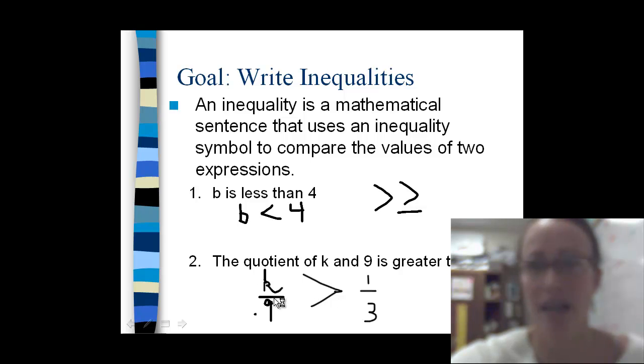So the quotient, K divided by 9, is greater than 1/3.